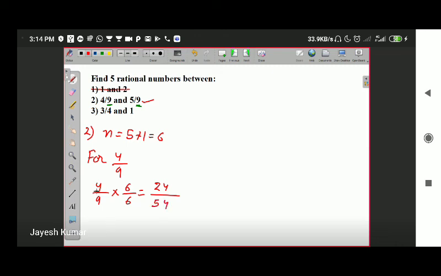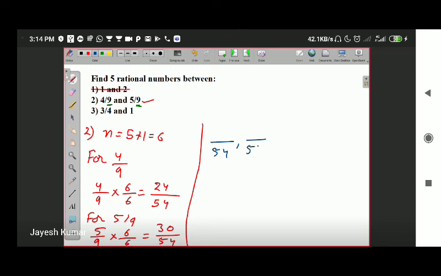Okay. Similarly, for the second number, we multiply 5 upon 9 by 6 upon 6. This will be 30 upon 54. Again, the same procedure: we write upon 54, five times, and we add 1 to the numerator. 24, after 24 comes 25.